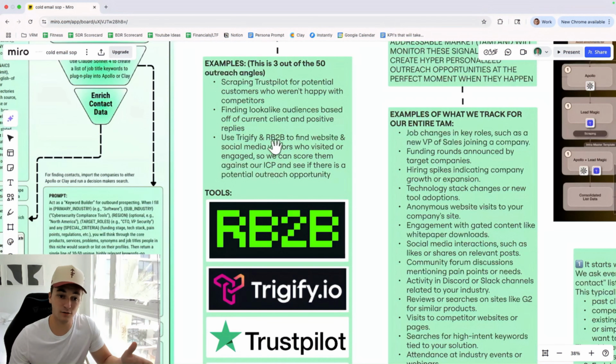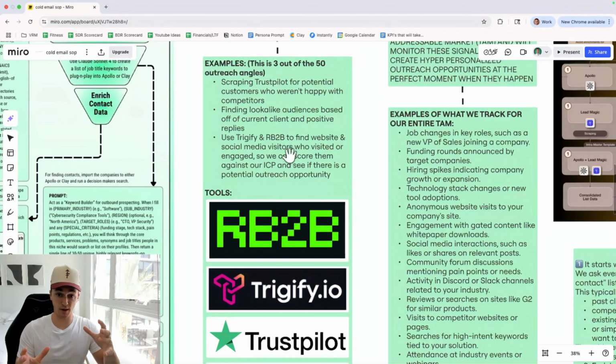And also, same thing for Trigify. Trigify and Teamfluence essentially monitor LinkedIn, and any person that engages with it or views your profile, or even engages with your competitors' LinkedIn profiles, will have their data sent to Clay, with their name and company, for further enrichment, such as firmographics like company size, how much revenue they're doing, and positions they're in.